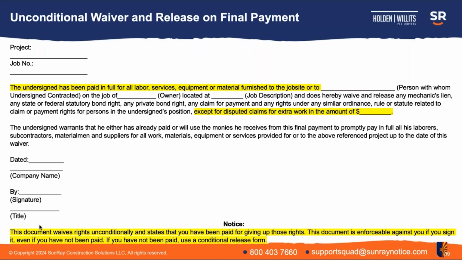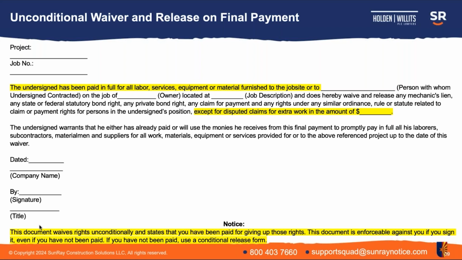But because this is a final release, the second highlighted section includes an exception for disputed claims for extra work in the amount of blank, and it leaves that spot for you to fill in as a claimant. So if you get to the end of the project and you're asked for a final waiver and there's a dispute as to claims, you want to take advantage of that blank space and list that.